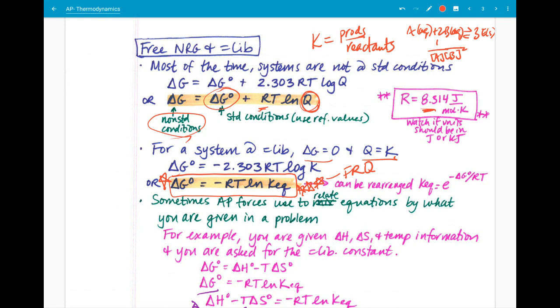You can find delta G naught equals negative RT ln of K. Now R is your gas law constant, T is your temperature in Kelvin, and then K is your equilibrium constant. One thing to note, the units of R are in joules. So I would throw in a conversion into kilojoules before you solve for either of these equations.